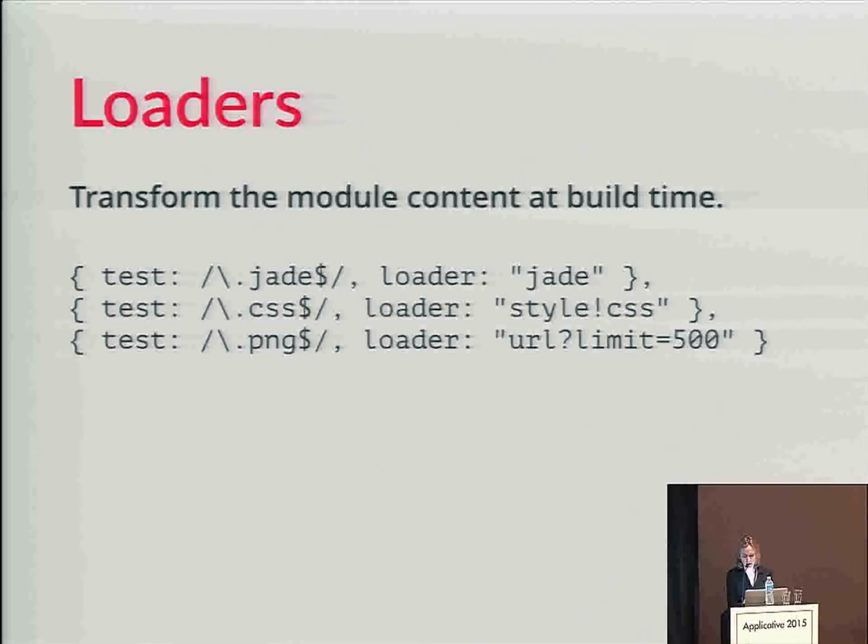The limit basically means that if the image is smaller than this size, instead of creating a separate image, it's going to embed the content by converting it to a base64 string and using a data URI scheme. It's going to insert it directly into your CSS or your JavaScript. So instead of having an HTTP request for a small image, you will be able to embed it directly in your CSS or JavaScript because of this configuration.